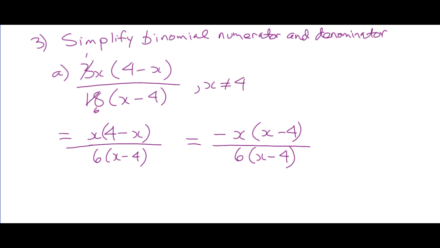So what did I do? I factored a negative 1 out of the numerator. And in doing that, if I'm going to put a negative out in front, then I have to change the sign of everything in that set of brackets, right? And now what happens? I have a common factor of x minus 4, which cancels, right?